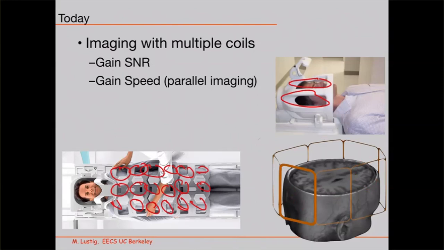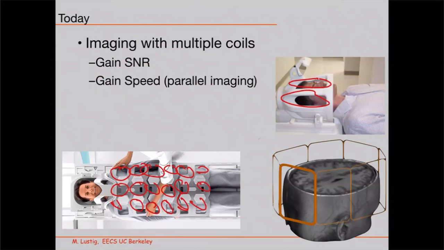Now, you gain a lot of SNR by imaging with multiple coils, but as it turns out, you also gain speed. And this is really what we're going to talk about today: how you gain speed. Because what do you do with SNR? SNR makes nicer images, but at some point it's just too good. So if you have high SNR, you could increase the resolution.